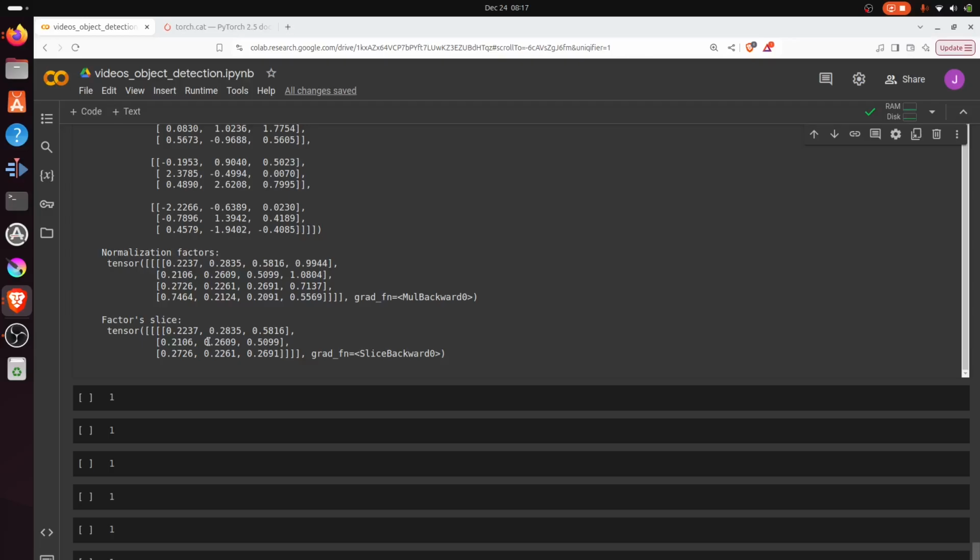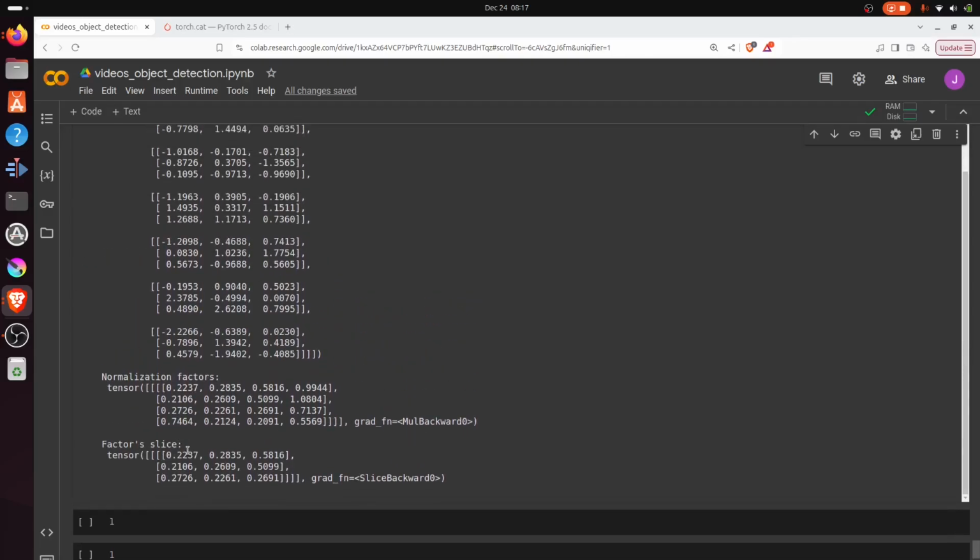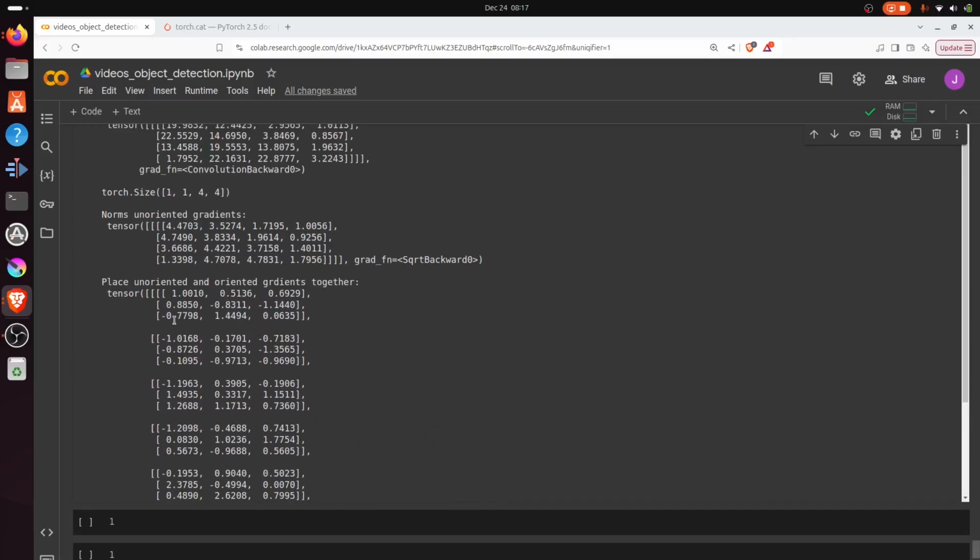Or better said, what we want to do is to take these 3 by 3 structures to then apply them to the actual concatenated tensor that contains both unoriented and oriented gradients.